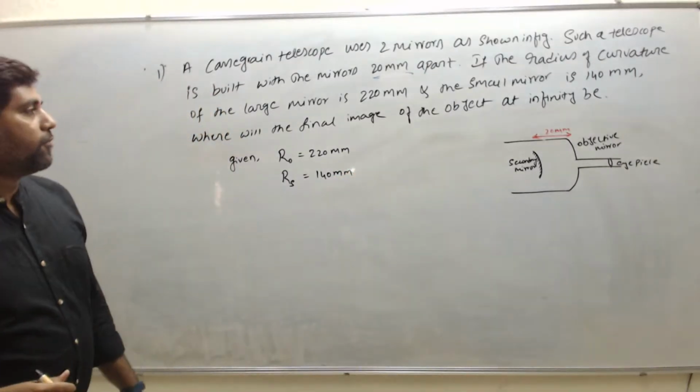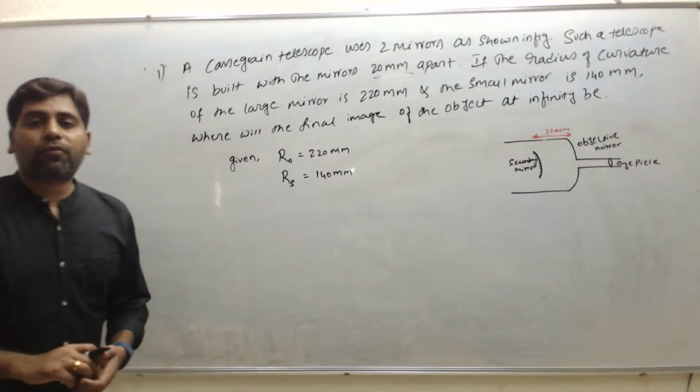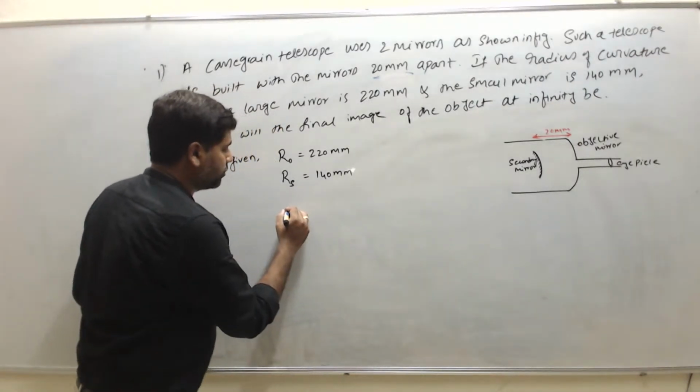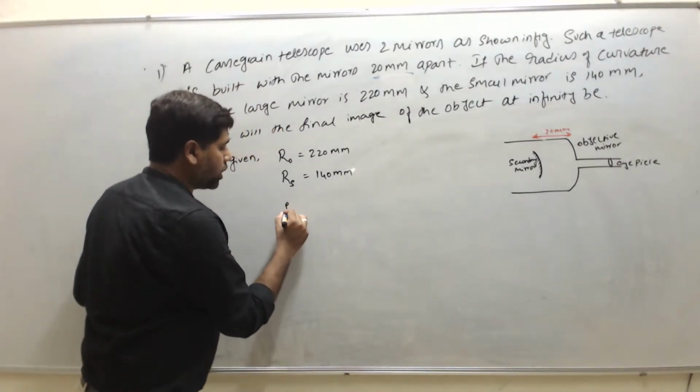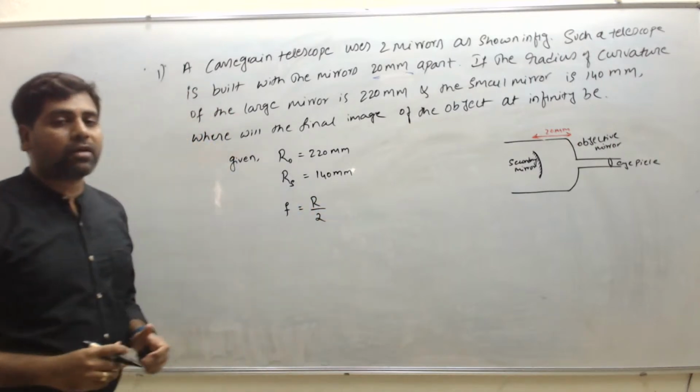Then we have to find the final image of the object at infinity, that is, we have to find out the image distance. We know that focal length is always equal to half of the radius of curvature.